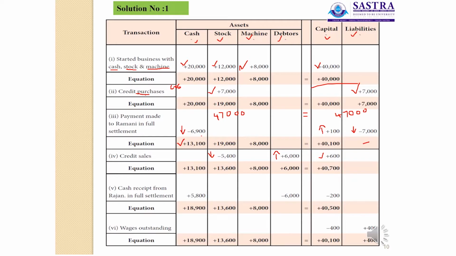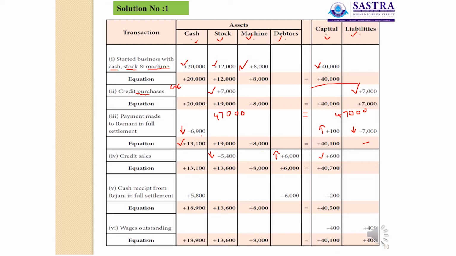Now you have to apply the equation. Rupees 13,100. Here there is no effect on the cash, so 13,100, the same thing. Here stock value 19,000. Out of 19,000, 5,400 value of stock is sold out, so decrease the value of stock by rupees 5,400. The remaining amount is 13,600. Machinery value 8,000.